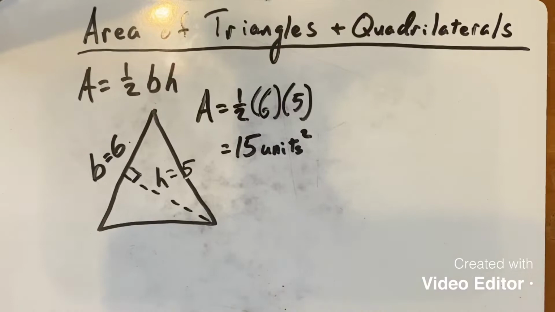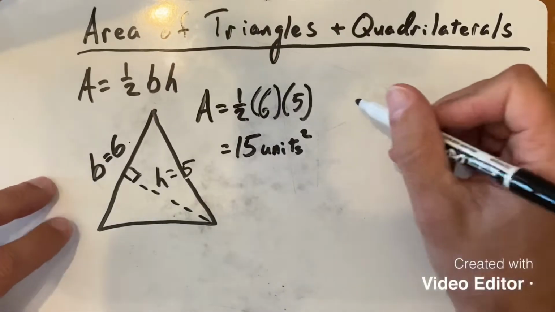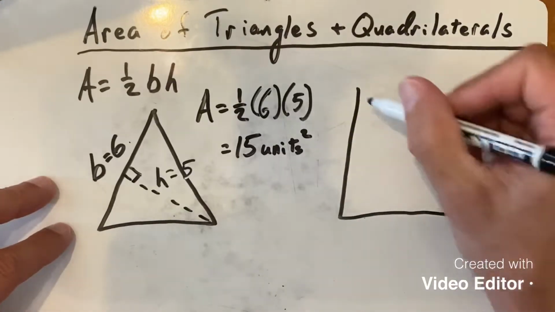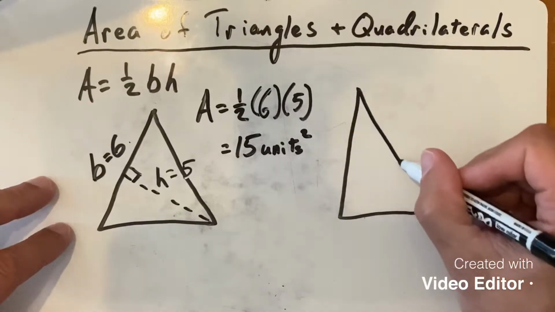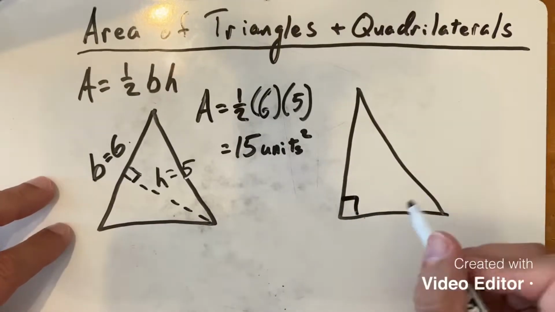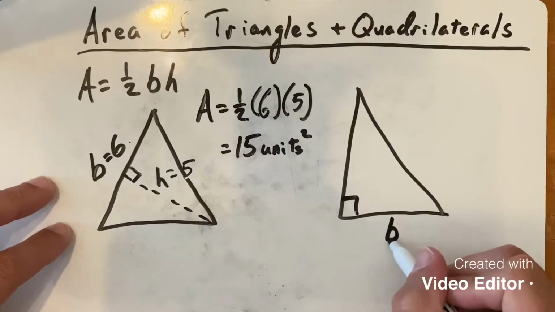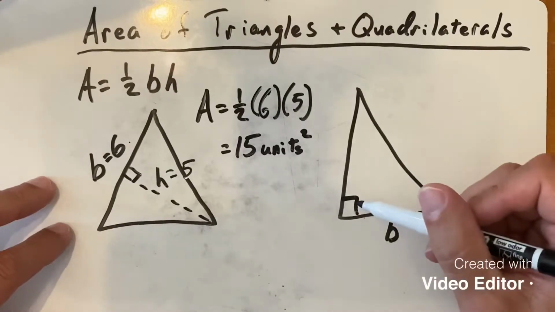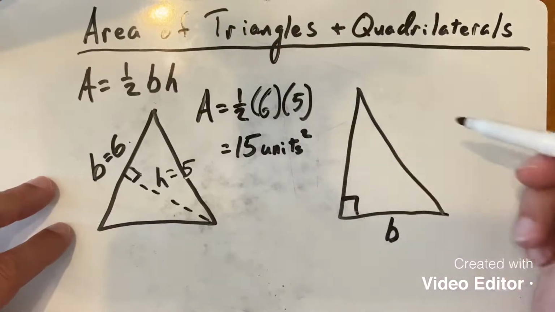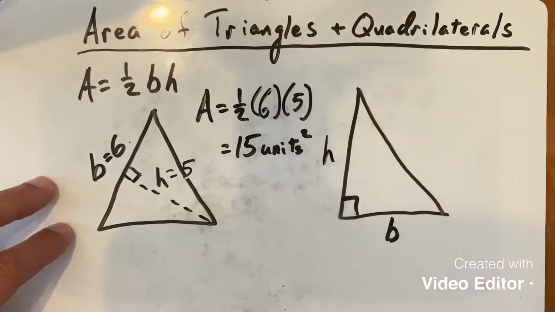Now if it's a right triangle, if you recall, that is a little easier because we don't really have to find the height as long as we know the length of our two legs. If we have a right triangle, and this is our base, then the height is going to be the segment that's perpendicular from that base to the opposite vertex. In this case, that happens to be the other leg.